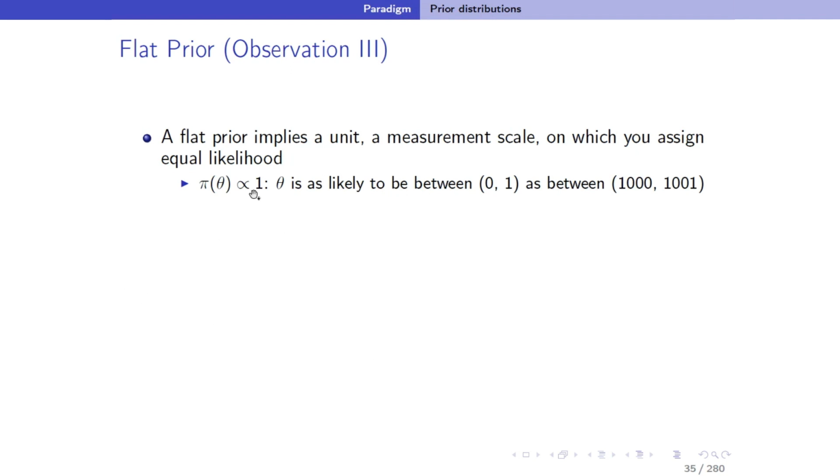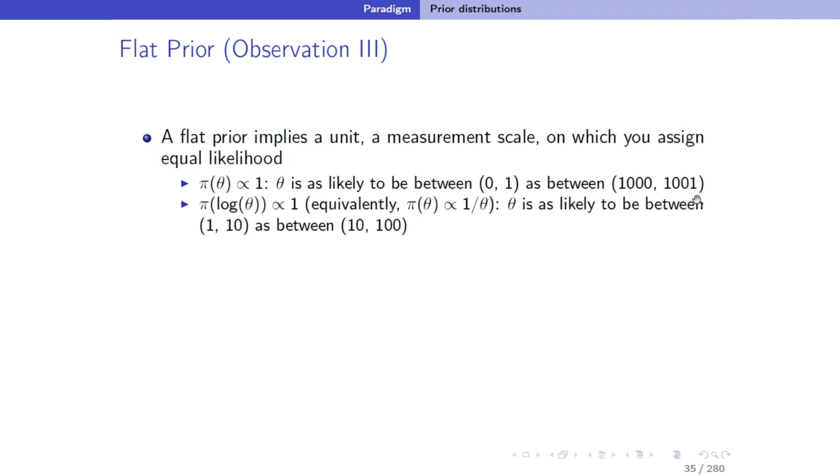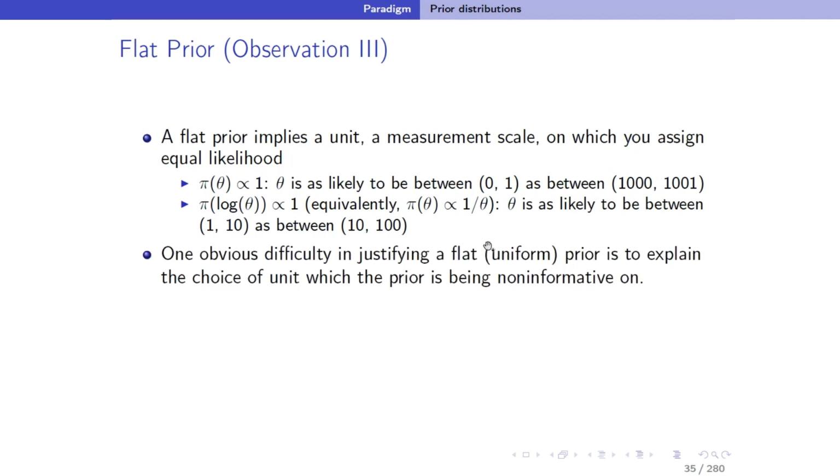When you say it's flat, you are saying that theta is likely to be between 0 and 1, and 1 and 1,000, and 1,000 and 1,001. But if you want it to be uniform on the log scale, then it's likely to be between 1 and 10, 10 and 100, 100 and 1,000, 1,000 and 10,000, that type of unit.